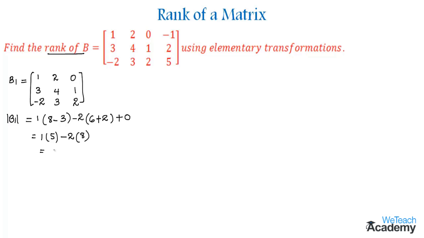So that will be equal to 5 minus 16. So we get the value as minus 11, which is not equal to 0. So therefore, we can say that the matrix B1 is a non-singular matrix and rank of matrix B will be equal to 3. So in this way, we find the rank of matrix B.